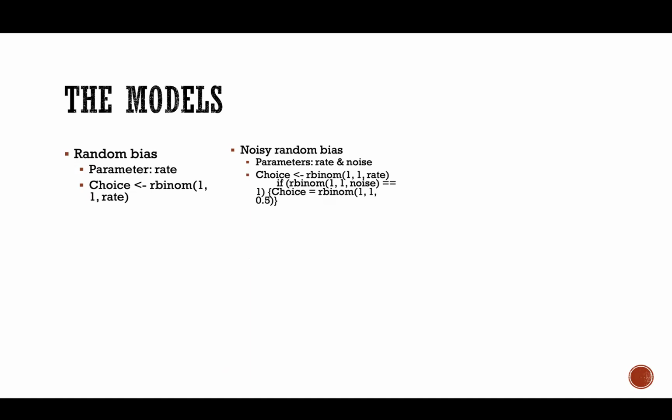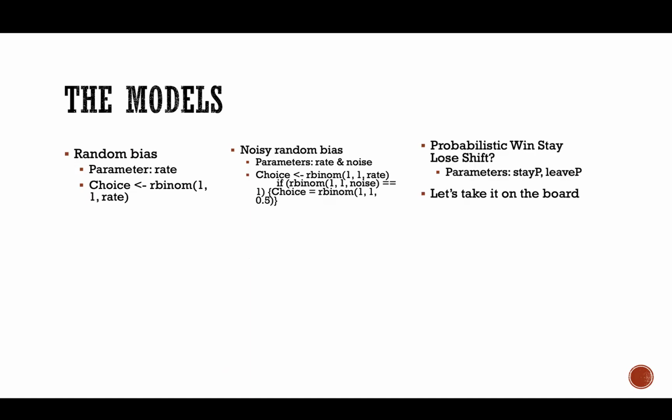If a 1 comes up, it picks a completely random choice. Then we have the probabilistic win-stay, lose-shift. That has two parameters, right? The probability of staying when you win and the probability of shifting when you lose.